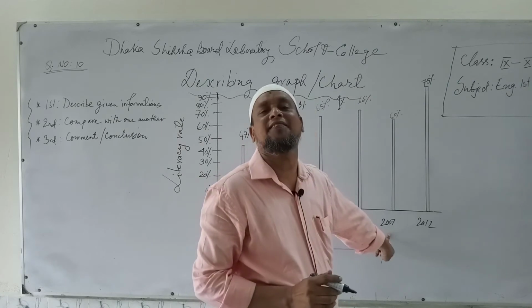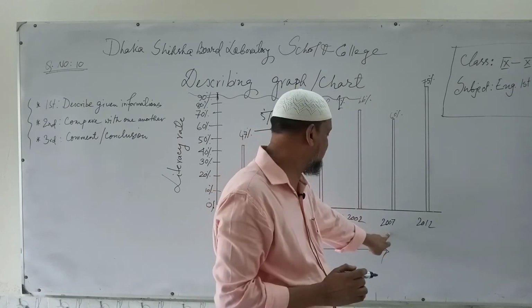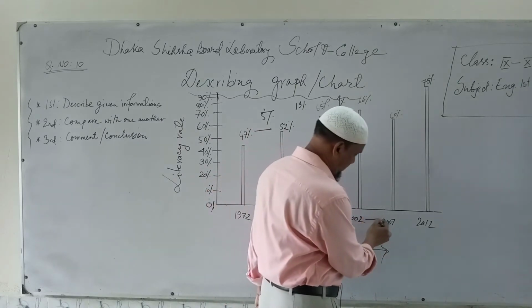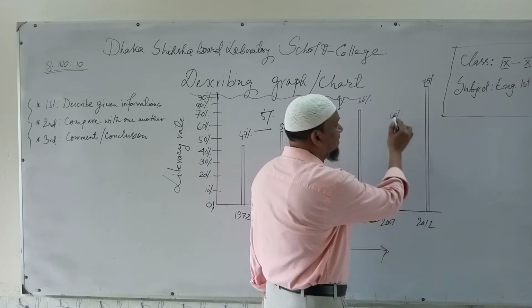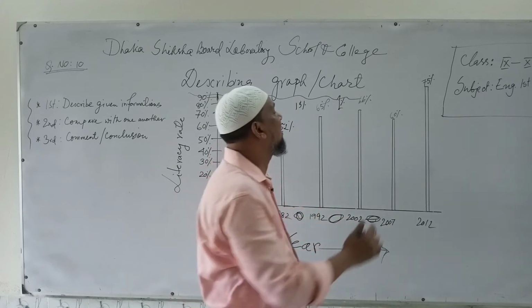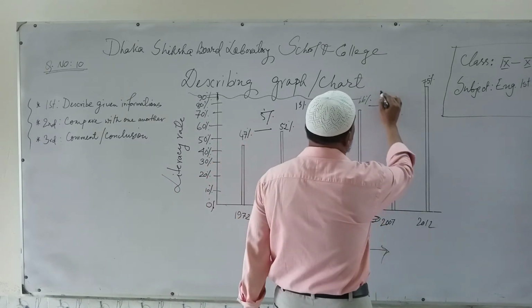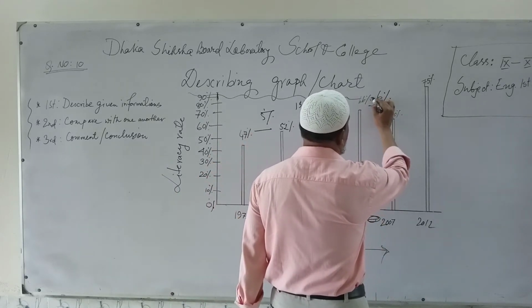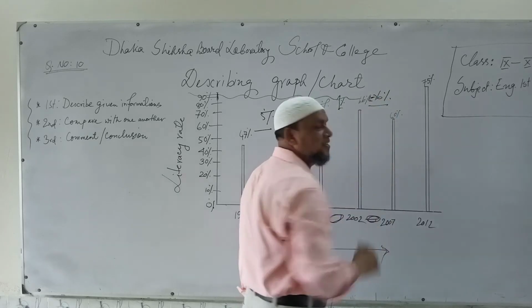The alarming situation came in 2007, that is, after 5 years, without increasing, it decreased 6%. Decreased, that is a minus situation.